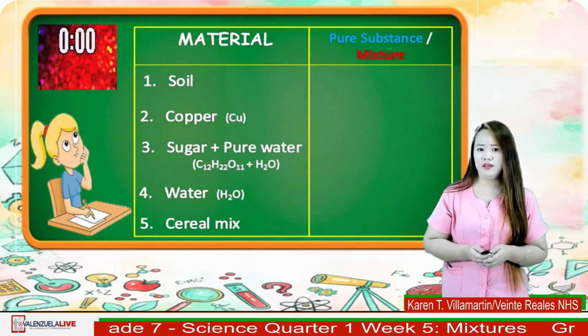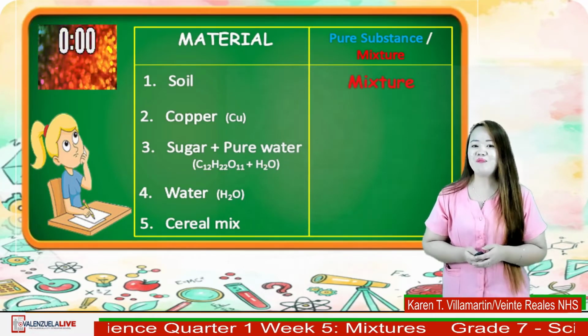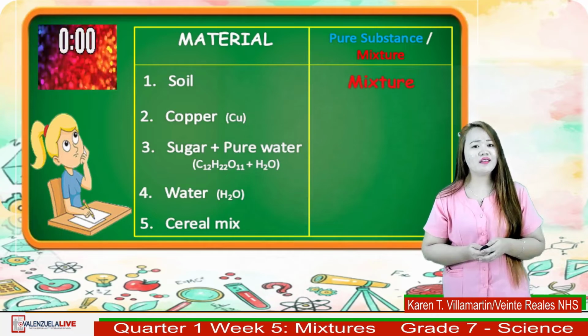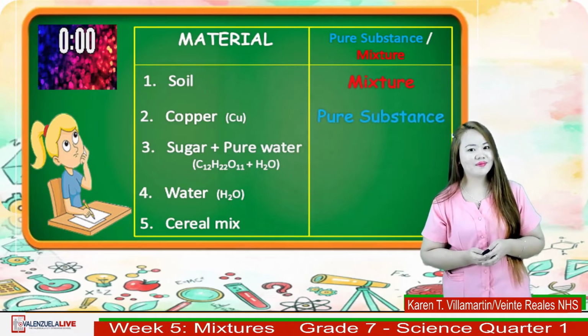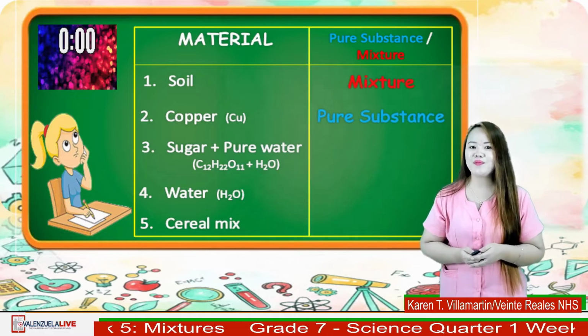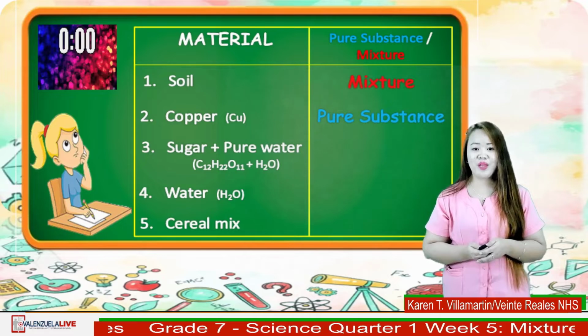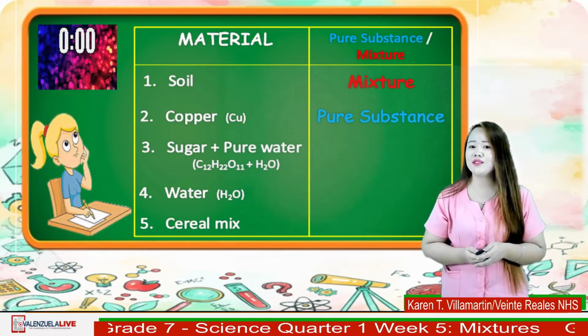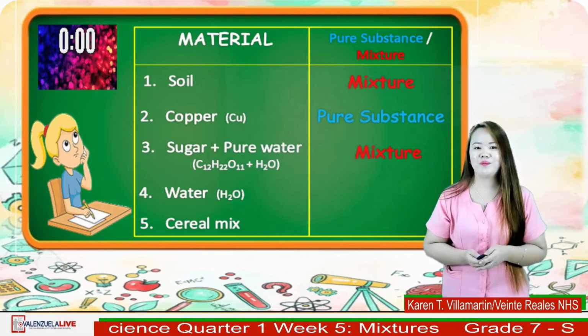First is soil. Soil is a mixture. Second is copper. Copper is a pure substance. Third is water with sugar. Water with sugar belongs to mixture.